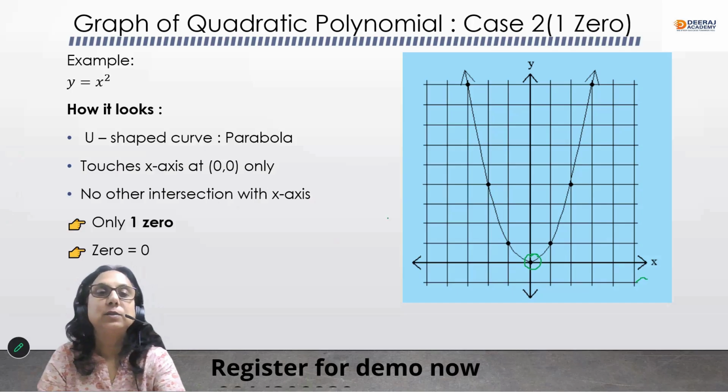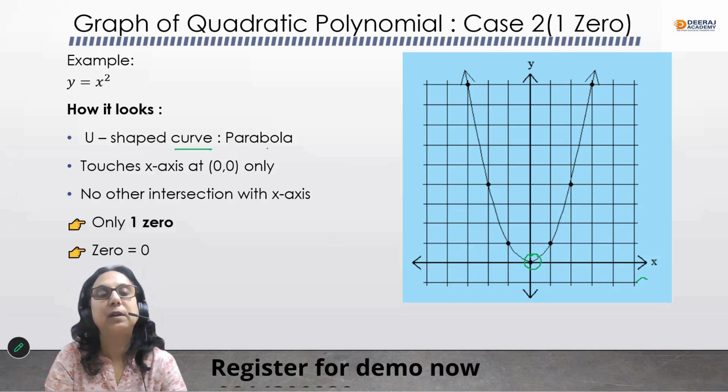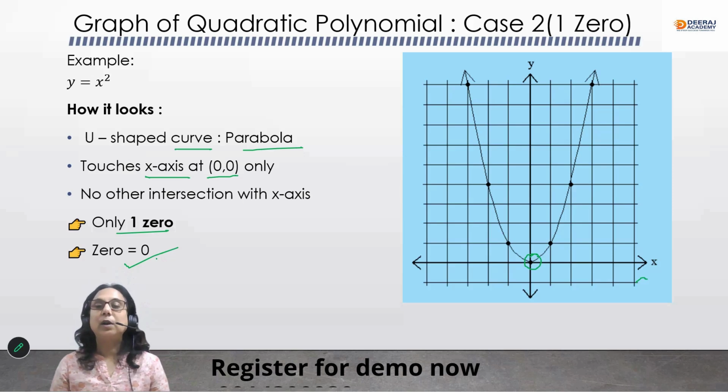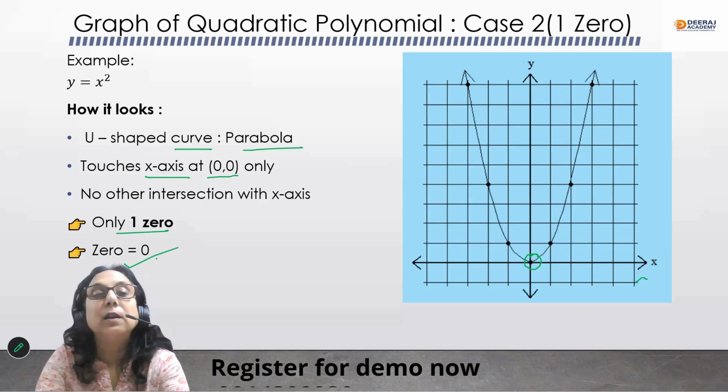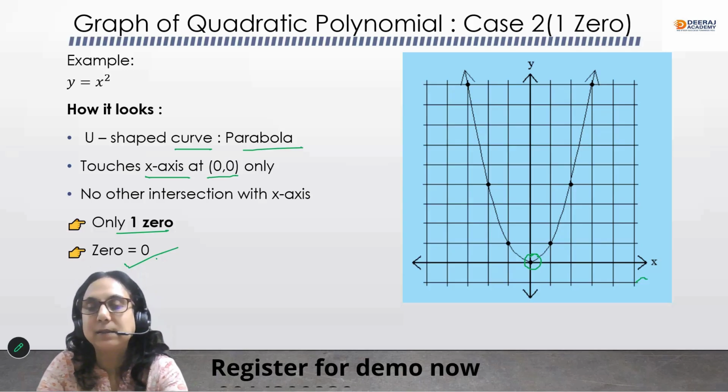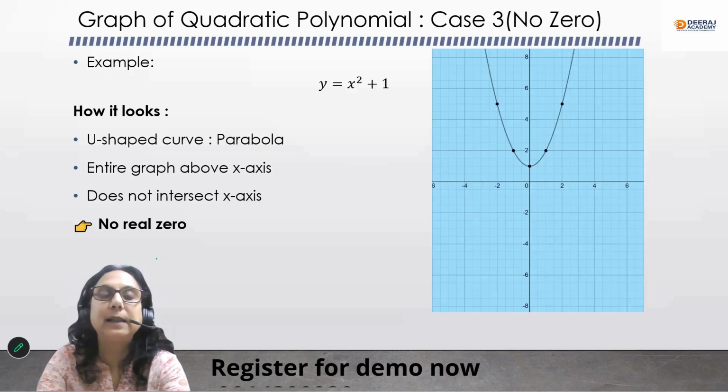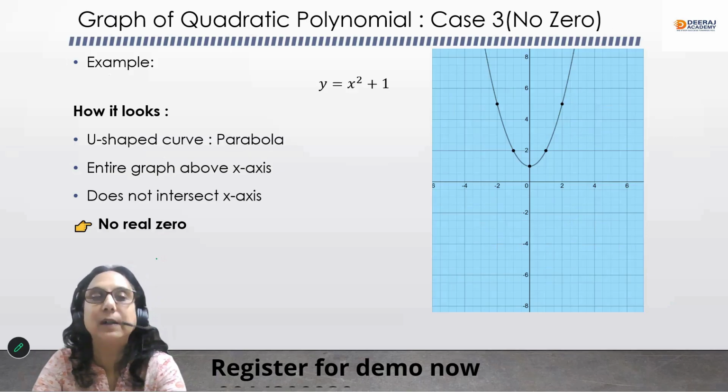This graph is also a U-shaped curve, a parabola, but it is touching the x-axis at only 1 point, that is (0, 0), and no other intersection with the x-axis. So it has only 1 zero and the zero is 0 because it is intersecting at the origin. As it is a quadratic polynomial, it can have a maximum of two zeros, but in this case we have only 1 zero.